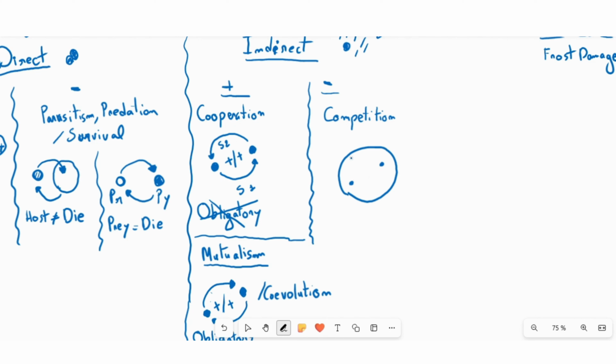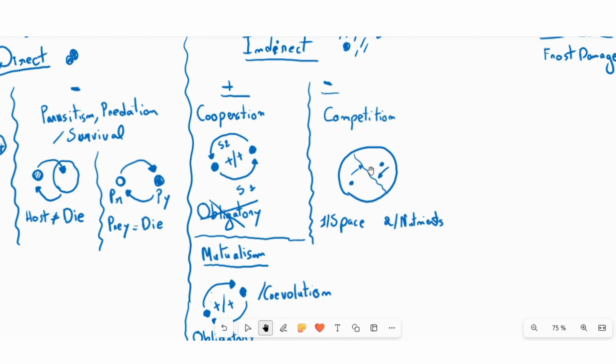This bacteria is going to eat and grow in this direction, and this bacteria is going to eat nutrients and grow in this direction. As they are growing and eating, they're going to meet at the center, wherever they meet, and there's going to be a sort of competition over, one, space, and two, nutrients.